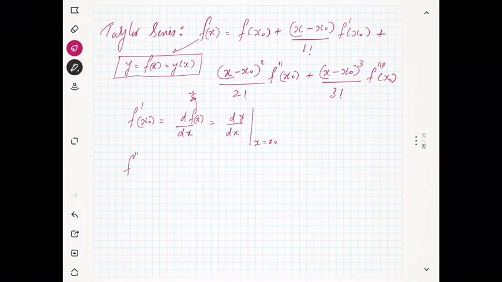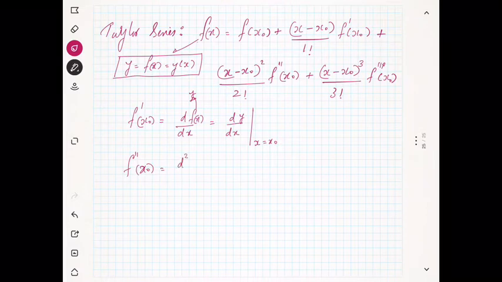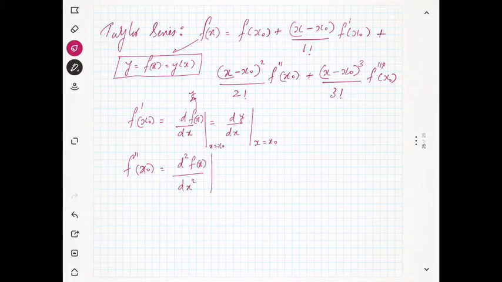Then f double dash of x naught is nothing but d square f of x by dx square at x is equal to x naught.